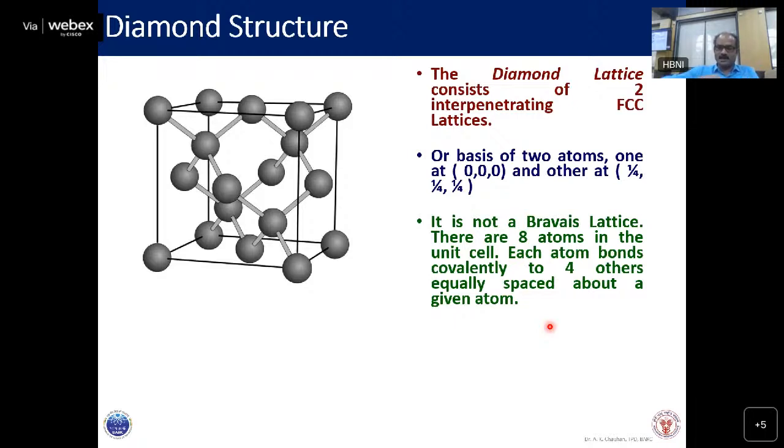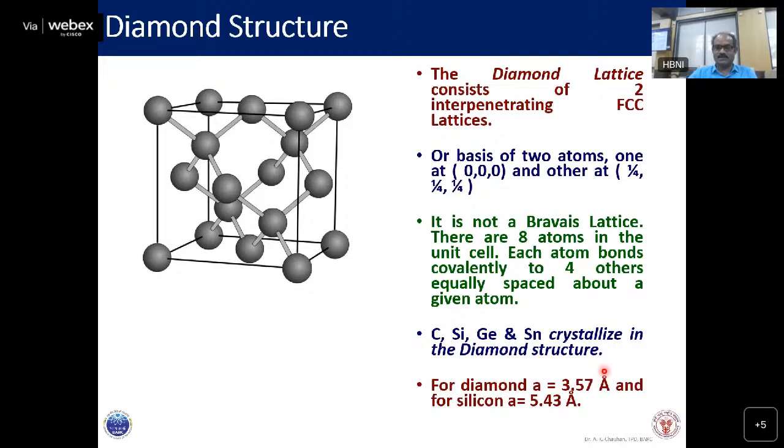As I said, it is like three spheres, you put another sphere over there, and then in between those spheres you insert another sphere. If you visualize it, you can see that this structure can continue over the entire space in the diamond structure. Carbon, silicon, germanium, tin, all crystallize in this structure.